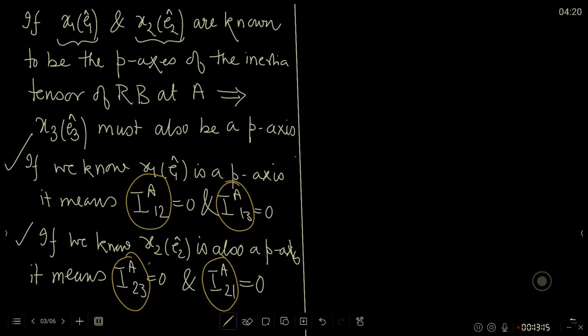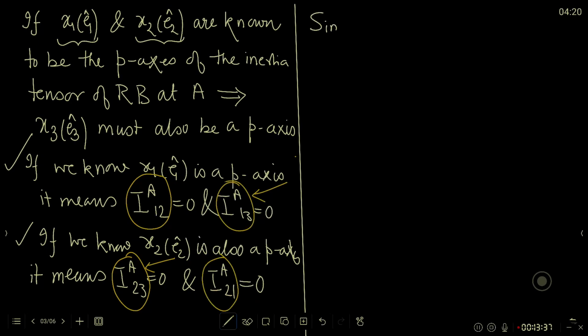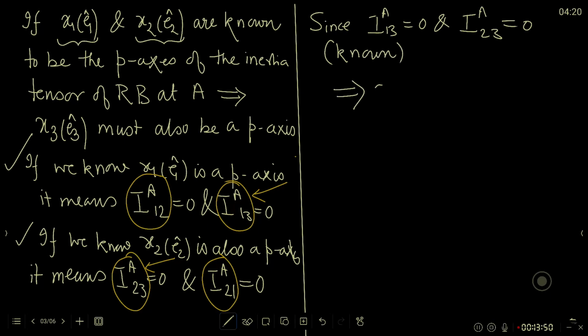Now focus on these two. IA13 is 0 and IA23 is 0. Both components have 3 as one of the indices and both are already known to be 0. Right? Since IA13 and IA23 are known to be 0, it automatically implies that x3 e3 must be a p axis.